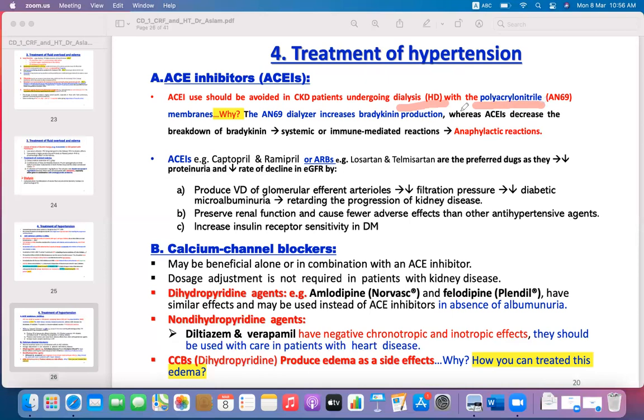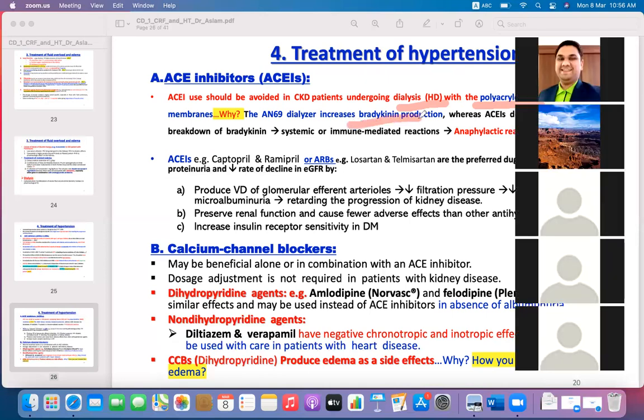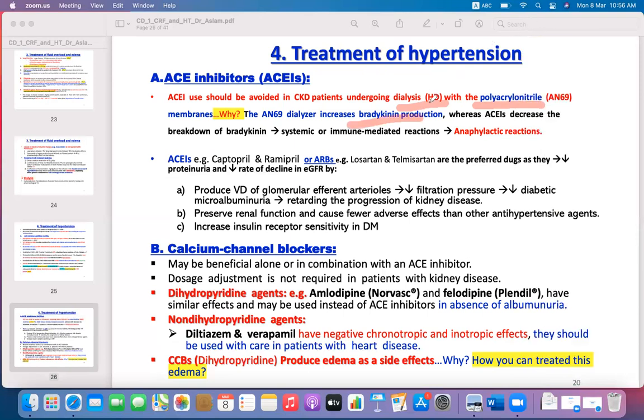Why? Because this polyacrylonitrile membrane dialyzer increases the bradykinin production, whereas angiotensin converting enzymes decrease the breakdown of bradykinin.